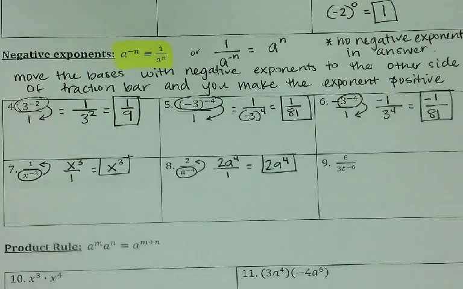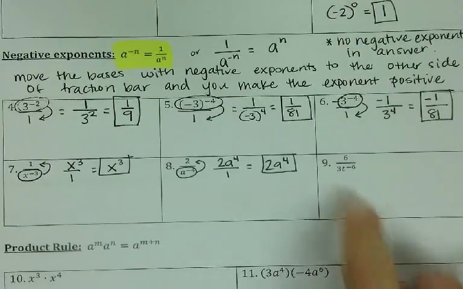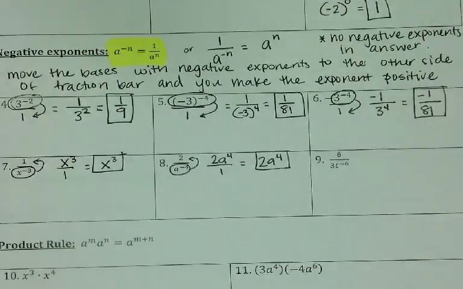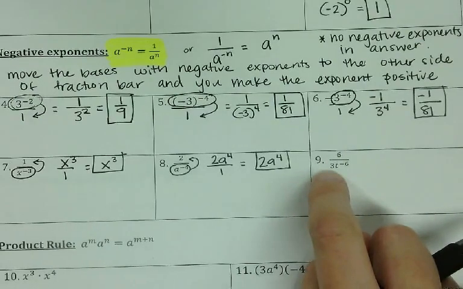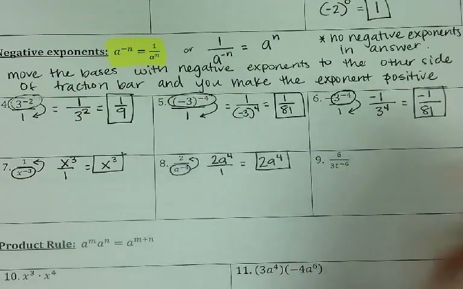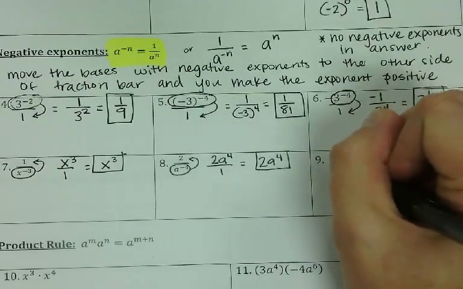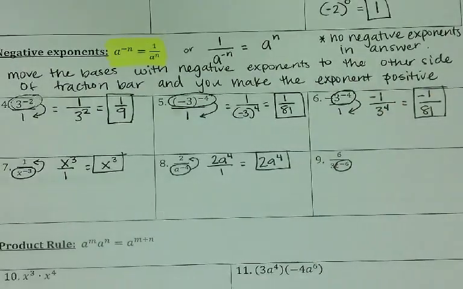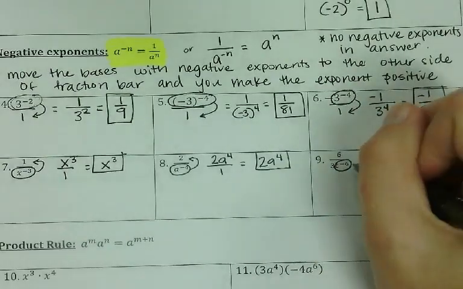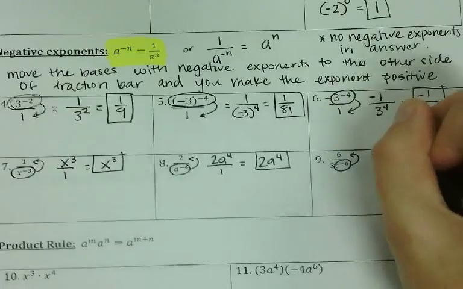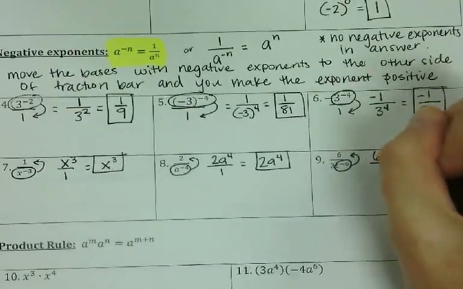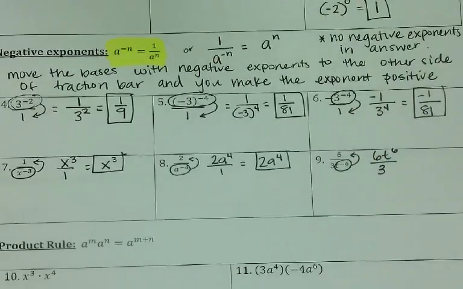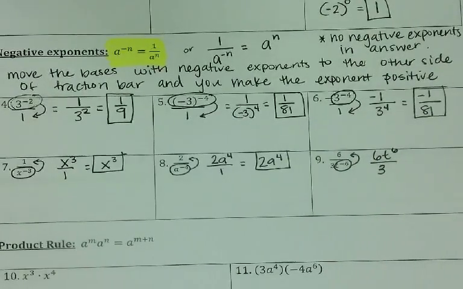All right? And then for number 9, this one is interesting. I like this one. Let's take care of our negative exponent first. 6 is not negative. 3 doesn't have a negative exponent. But this little t to the negative 6 is a problem. Do you see that? So we're going to move it up to the top. So that becomes 6t to the positive 6 over 3, because 3 got left behind.